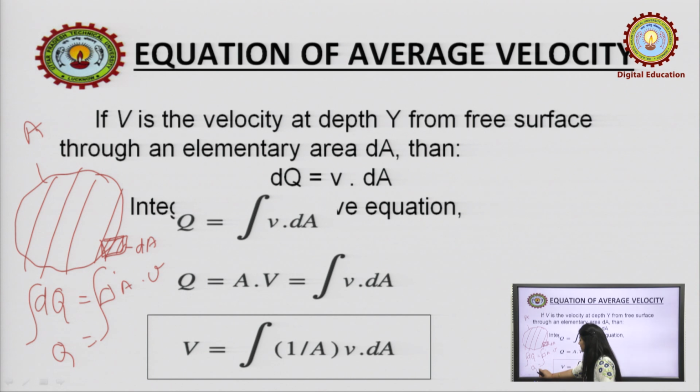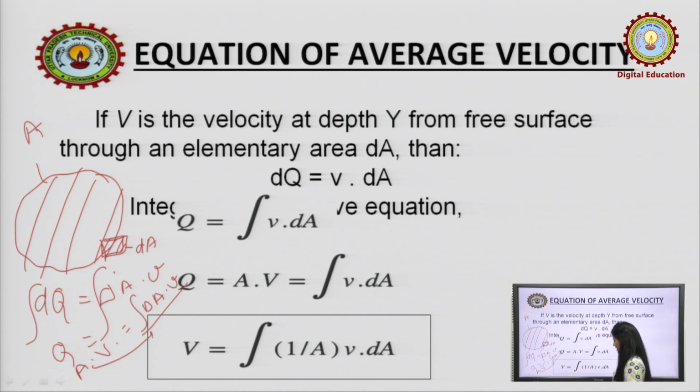We know that capital Q is nothing but A into V, so A into V is equivalent to the integration of v dA. A will be shifted over here, and we get the equation for calculating average velocity in any channel: V is equivalent to 1 by A times the integration of v into dA. This is the equation for calculating average velocity in any channel.